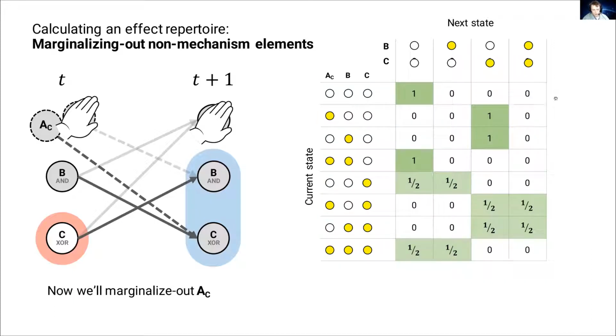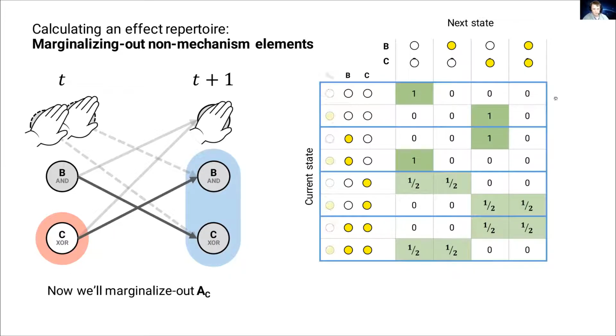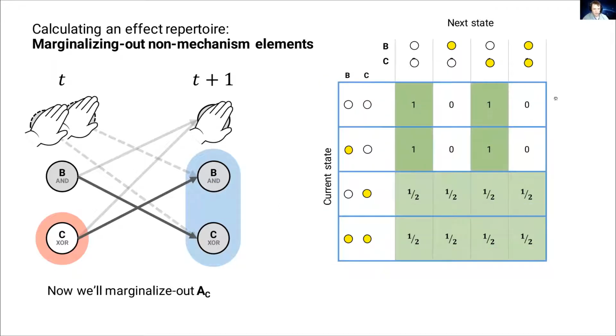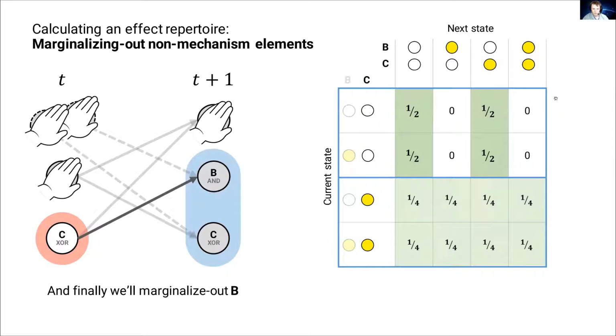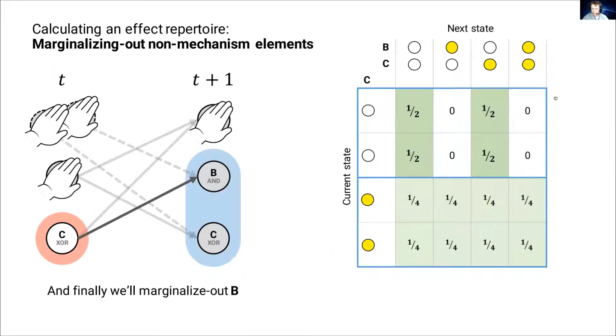Next, we marginalize over the input from A to C. We perform the same thing again. And now we're going to marginalize finally over B. So we end up with only C remaining, but now looking at the transition probability matrix that has C at the current time state onto B and C at the next time state.